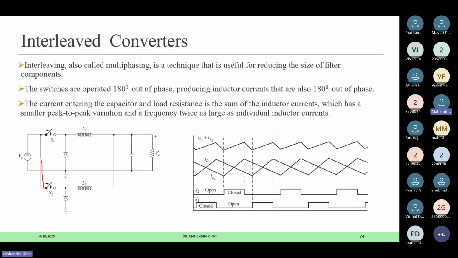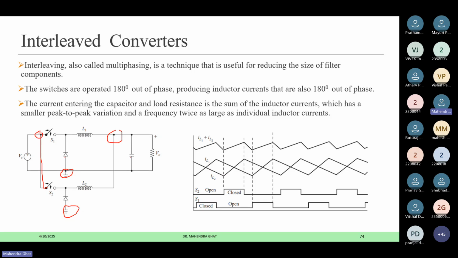The input plus point and output plus point are common to both converters. Also the negative point is the ground point they have shown, so these are also common. So you can say two converters are connected in parallel.